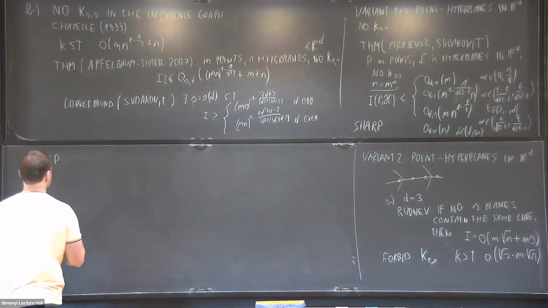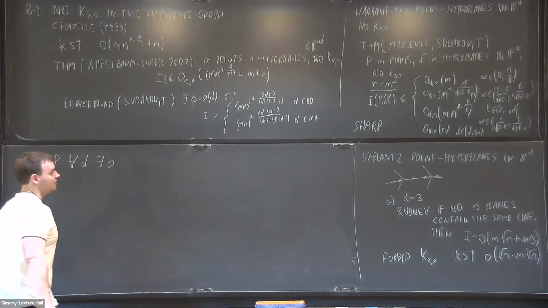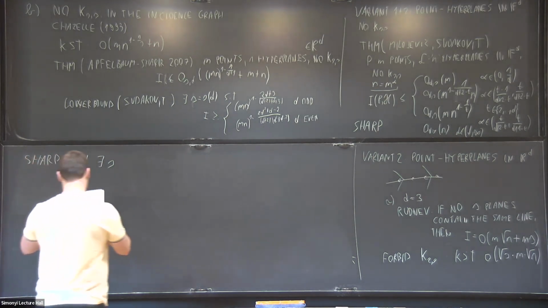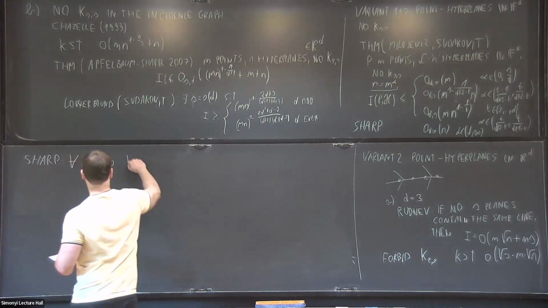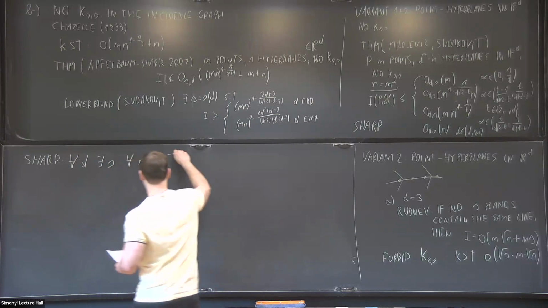So sharp means that for every d, there exists this s. This s will only depend on the dimension, such that for every m and n, I can choose my field f.